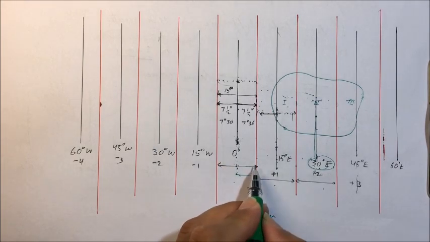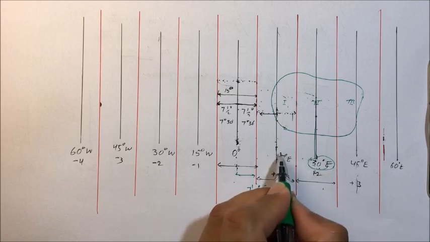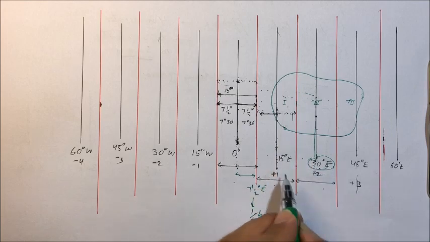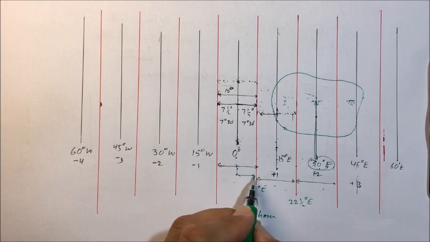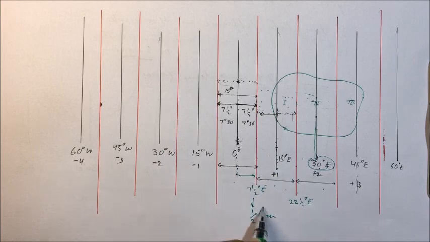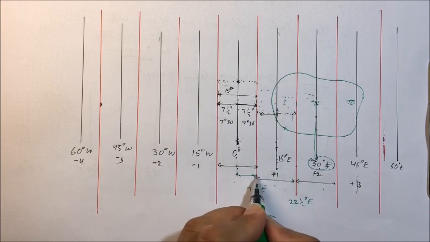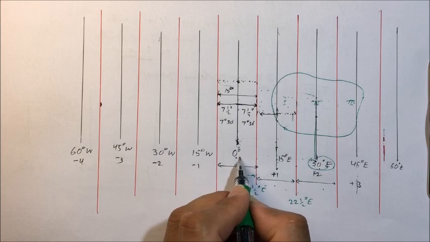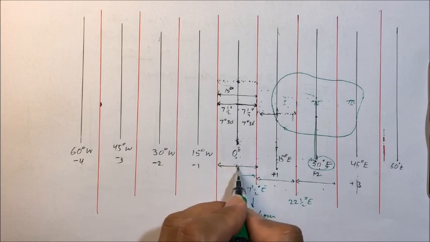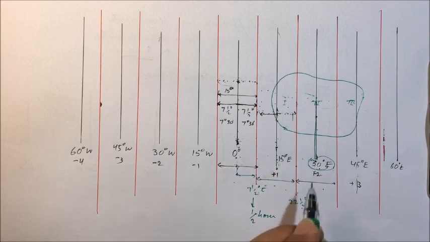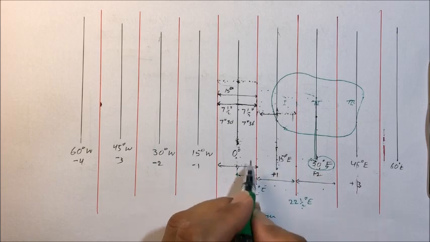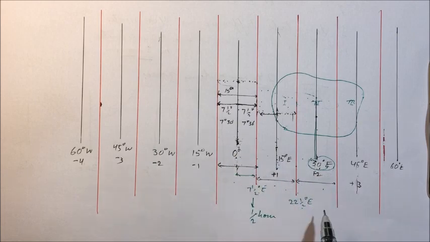We can select 0 degrees, 7.5 degrees east, 15 degrees east, next 22.5 degrees east. Between 0 degrees and 7.5 degrees, between these two longitudes, there is a difference of half an hour. So we can select either 0 degrees or multiples of 7.5 degrees, that is 0, 7.5, 15, 22.5, 30 degrees. These meridians can be selected as the standard meridian for the country.